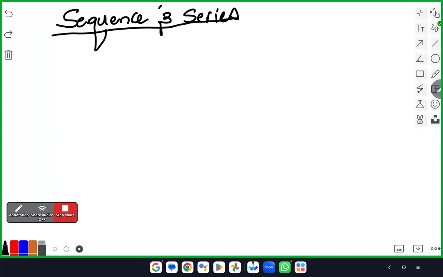When we look at sequence and series, we mainly focus on two types, but there are several others. We mainly look at what we call the arithmetic progression.